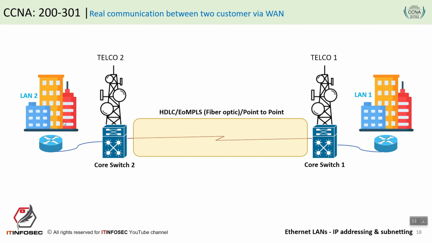For example, LAN 1 and LAN 2 are 2 buildings. Okay. Each of these buildings has a router that is connected to the local telecommunication, and these two telecommunications are connected to each other via various protocols such as HDLC, Ethernet over MPLS, based on fiber optic, or point-to-point wireless communications.